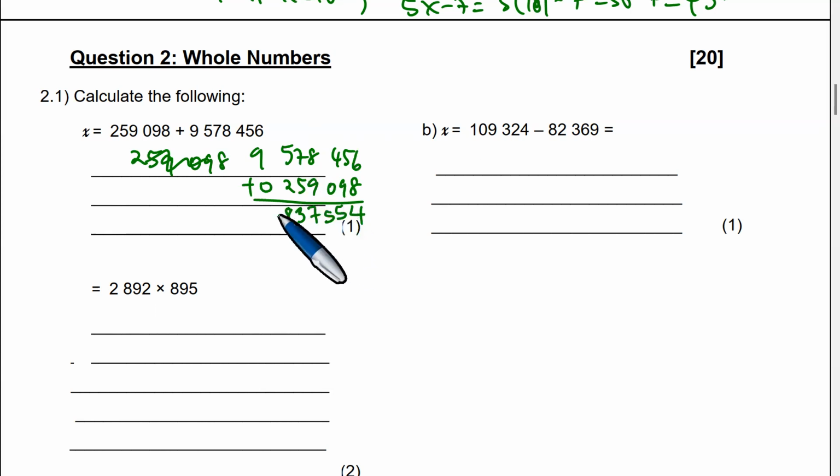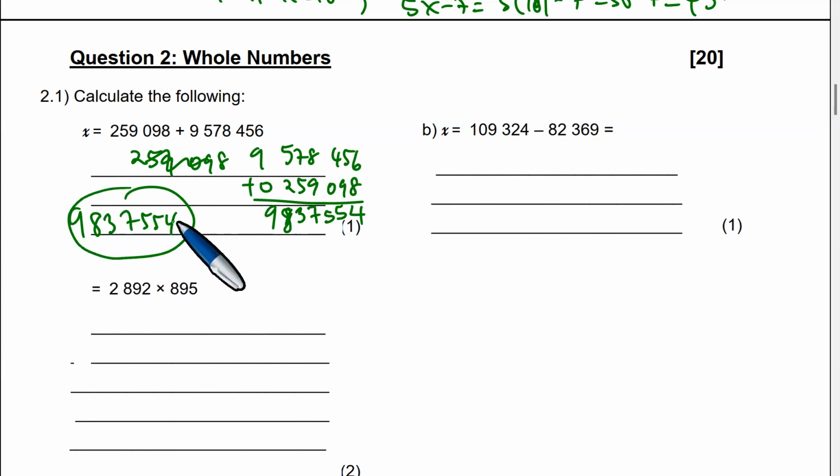This is exactly 8, and then 9. So what is the answer? 9,837,554. Okay, so that is the answer. B. What do you think the answer is to B?